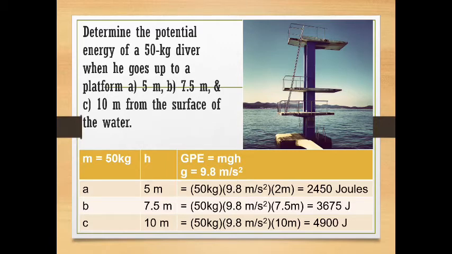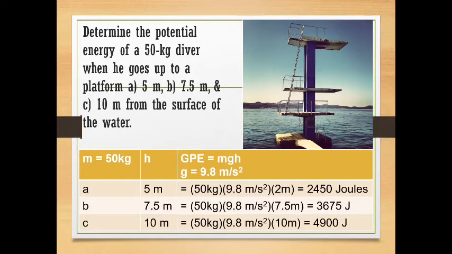Now, using the formula GPE equals mgh, we have 50 kilograms, which is the mass, times 9.8 meters per second squared, which is the gravity, and 5 meters, which is the height. So we get 2,450 joules. For the second height, which is 7.5, we have 50 kilograms times 9.8 meters per second squared times 7.5 meters.